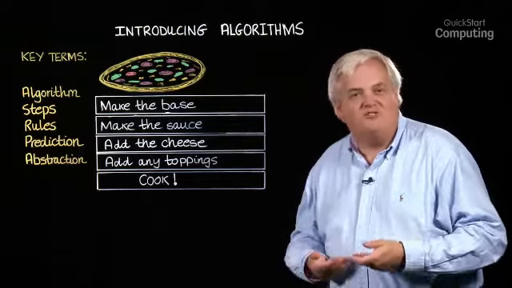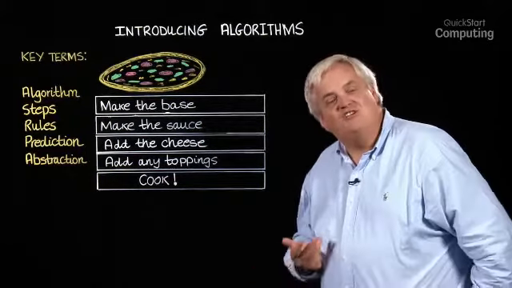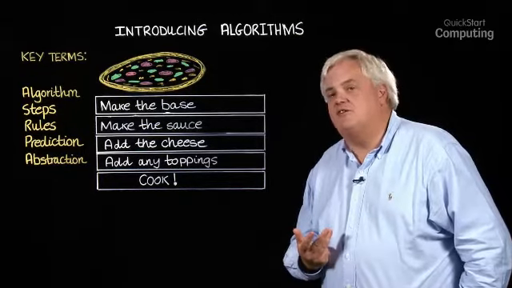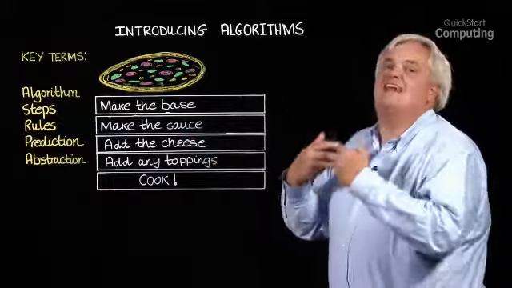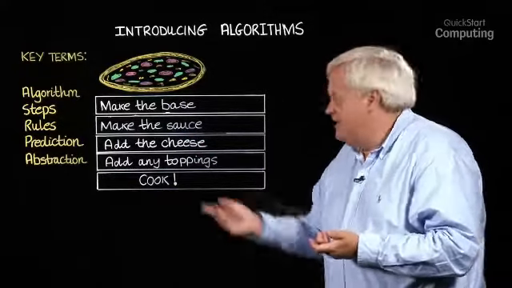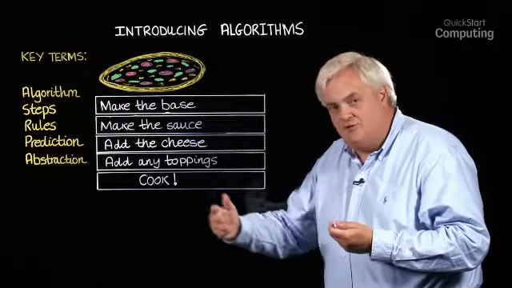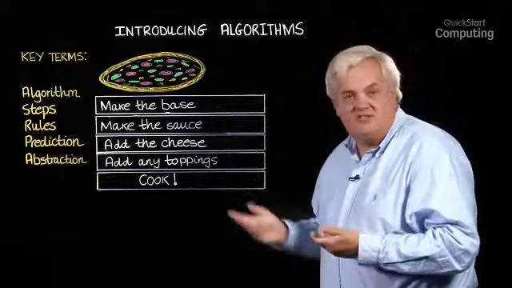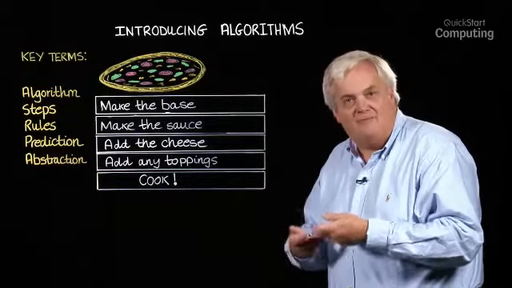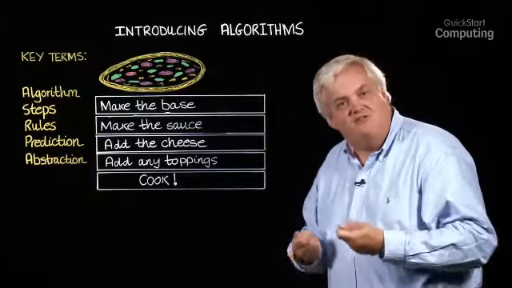And we'd want our pupils to make predictions about what will happen if you follow that sequence of instructions. It's also worth recognizing, though, that this represents an abstraction of the actual process of making pizza, that these boxes here themselves contain many more steps. So, for instance, making the base, that can be broken down into much more detail about mixing ingredients together, about kneading the dough, about getting the dough to the right size.